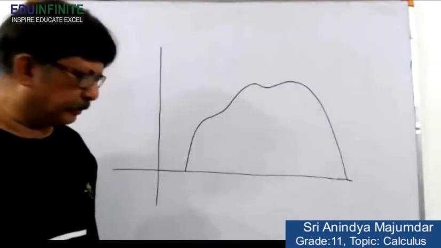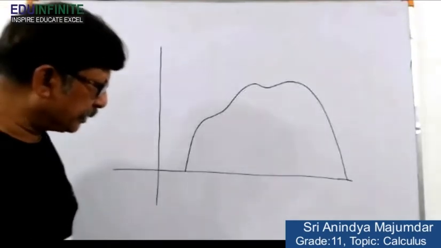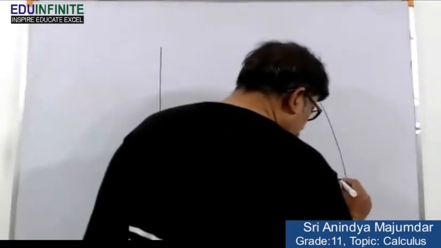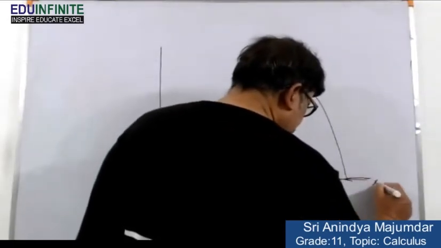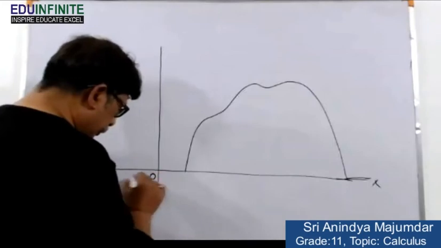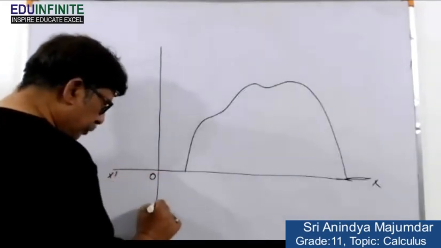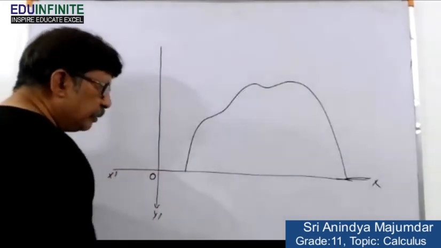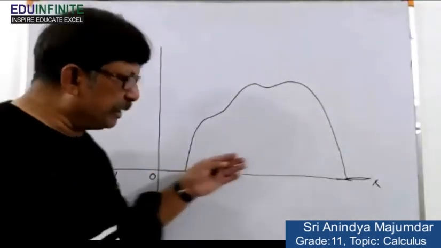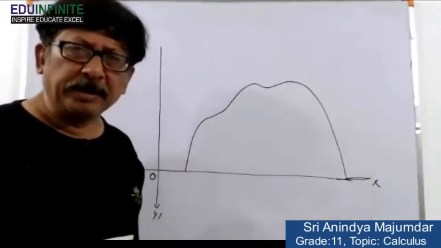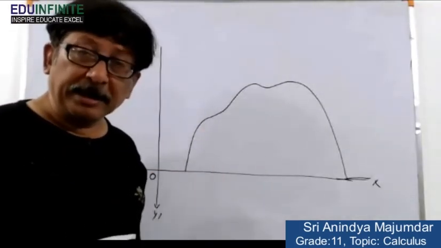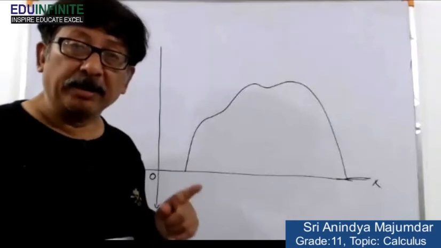How do I get it? First of all, this is on a number line, the x-axis. So we need the concept of numbers, especially number theory, and especially real numbers.